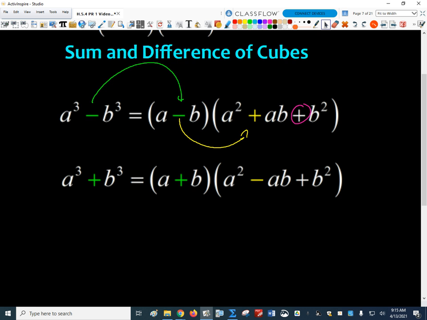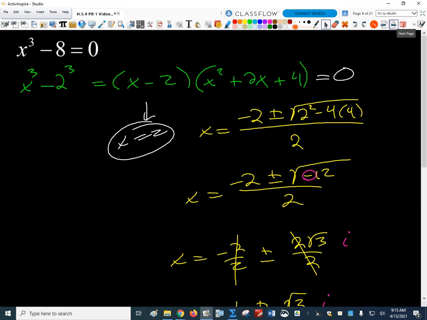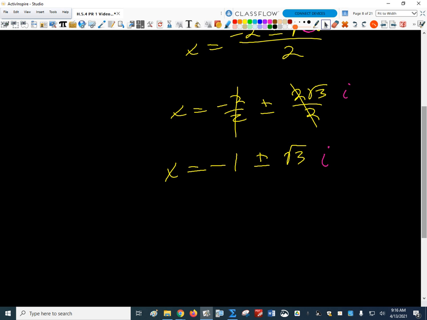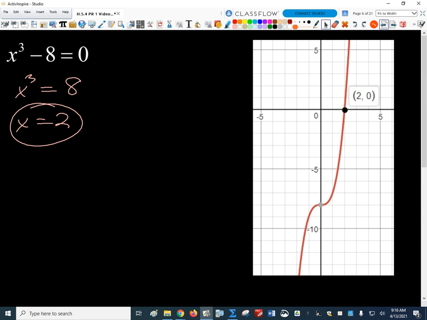All right. We looked at the example if we wanted to solve x cubed minus 8. If we solve this by factoring, we got the real 0, 2, and we got the complex conjugate pair, -1 plus or minus the square root of 3 times i. Remember, if we just tried to isolate the x, we only got the real one.